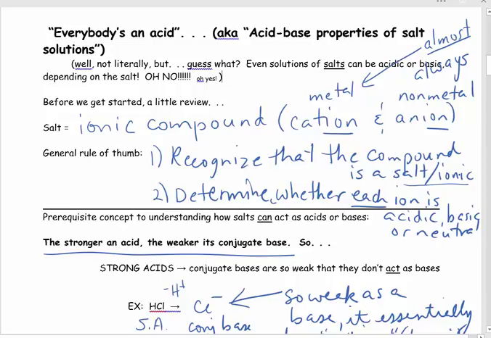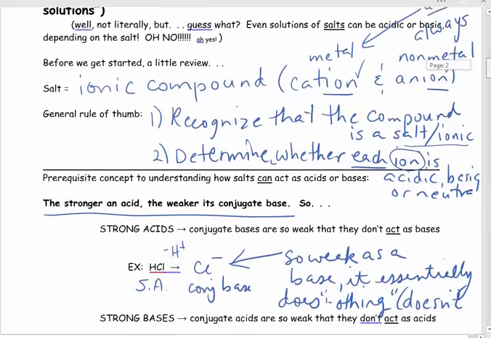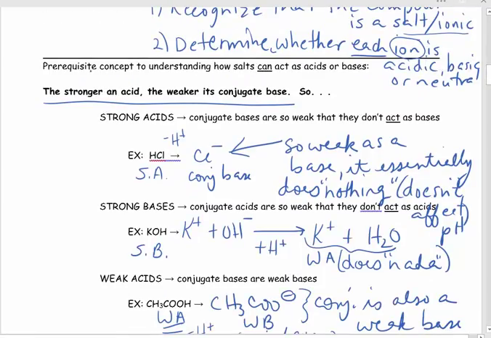And then you need to determine whether each ion, in other words, the cation and the anion, is acidic, basic, or neutral. And this all hinges on remembering that, first of all, the stronger an acid, the weaker its conjugate base, and vice versa. The stronger a base, the weaker its conjugate acid.